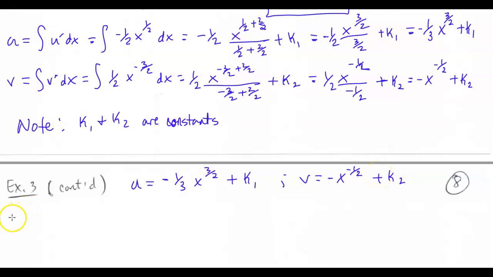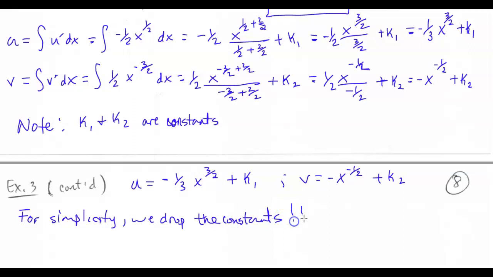And so from here, for simplicity, we drop the constants.